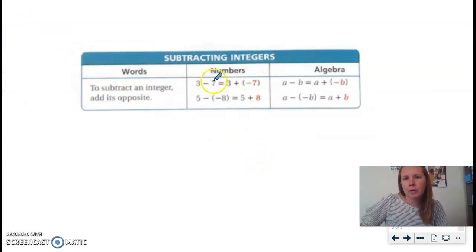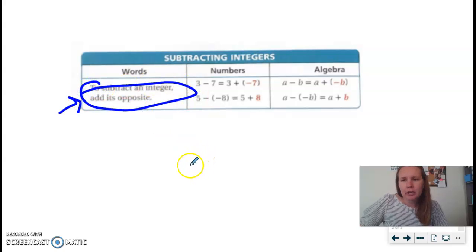So a positive 7 turns into a negative 7. A negative 8 turns into a positive 8. So you're changing from that positive version to that negative version of that number. So this is going to be really important. You do not subtract, you change it to addition and add the opposite.